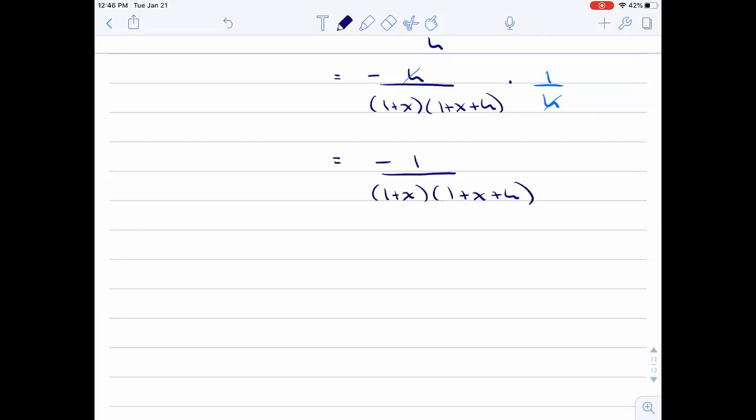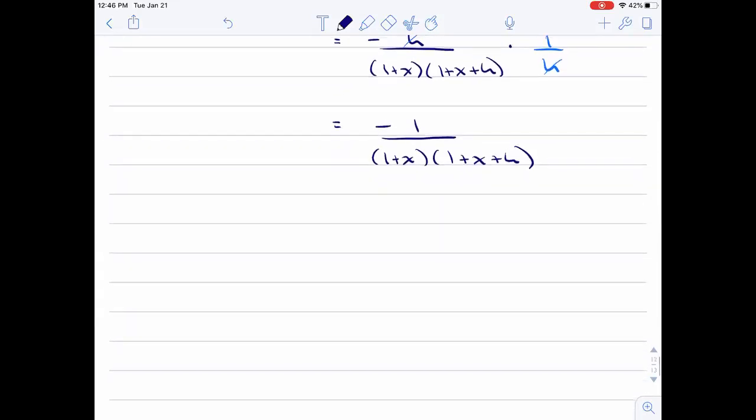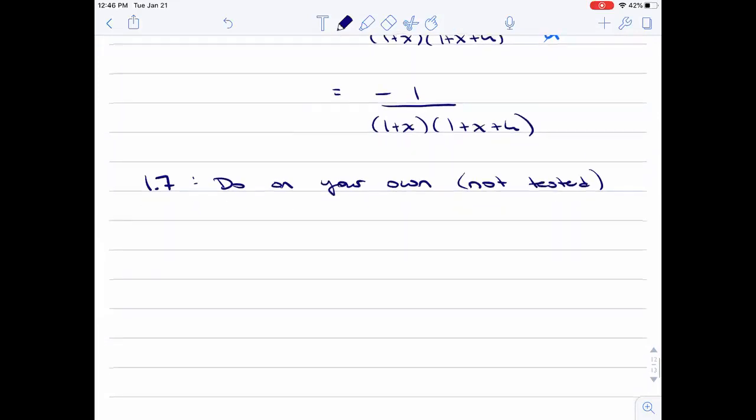Okay, so just to recap, section 1.7, do on your own. Not tested. It might be on your assignments, but it's not going to be tested. 1.8, we will do next day. Same with 1.10, we'll do next day.